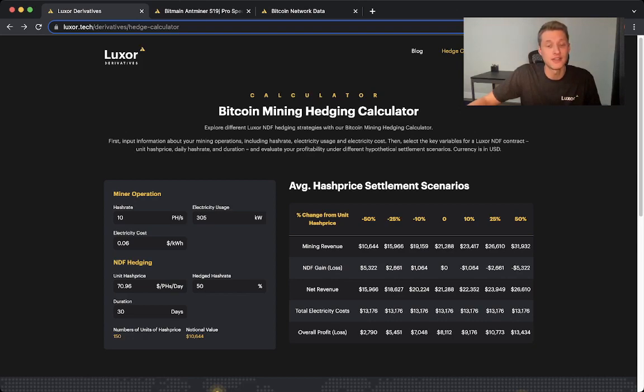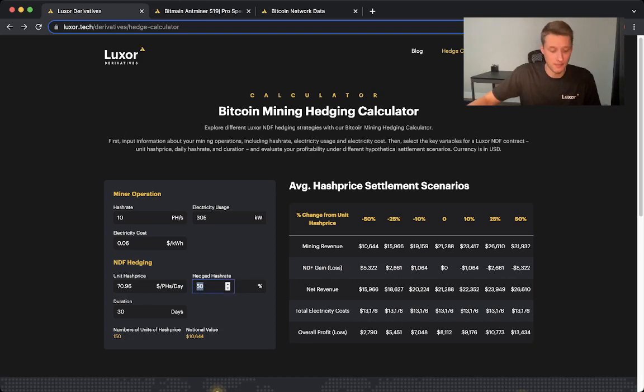So using our hedging tool, there is less downside. Our miner is now not in a situation where they would be experiencing a loss if hash price were to fall 50%. However, they've given up some of that upside on the top end, and you can see that the profit is less than it would be in an unhedged scenario.